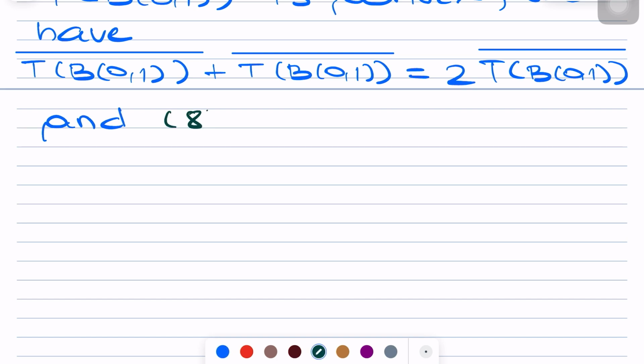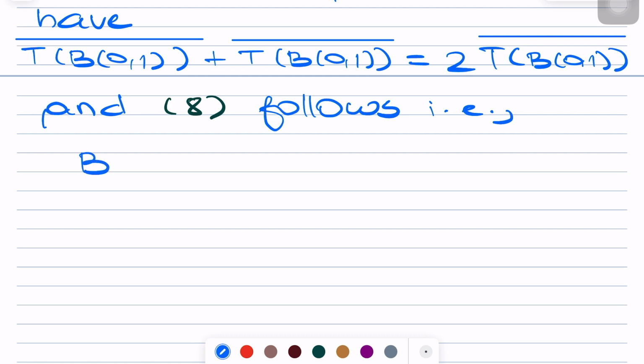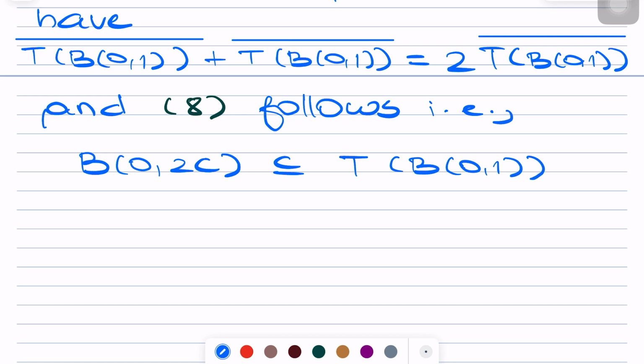So that means the ball around 0 and radius 2c is contained in the closure of this ball. Good. So we are done with the first step.